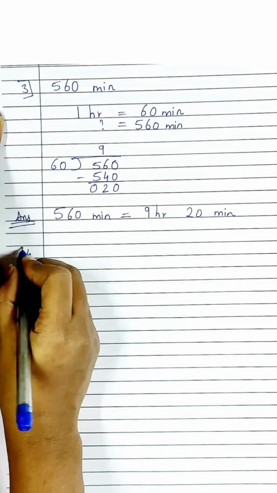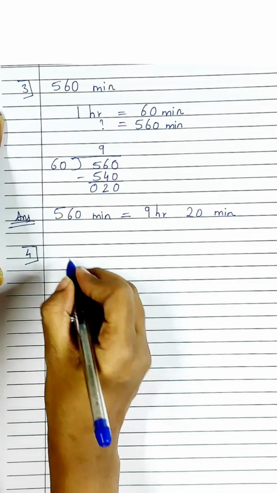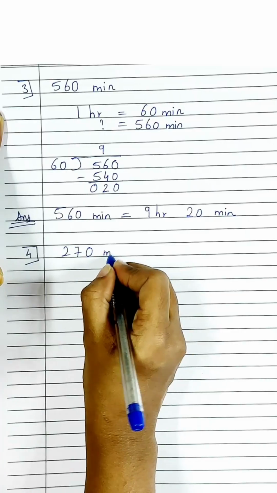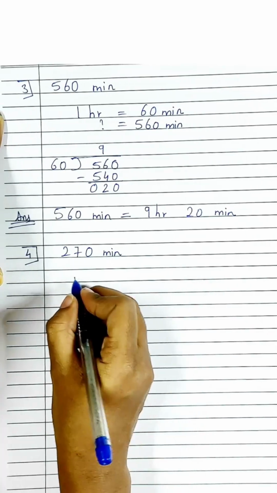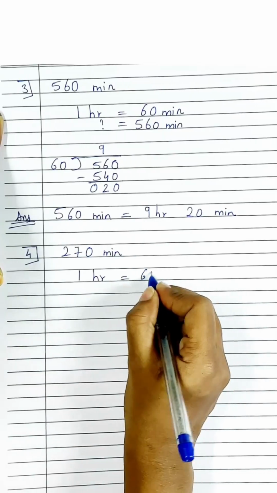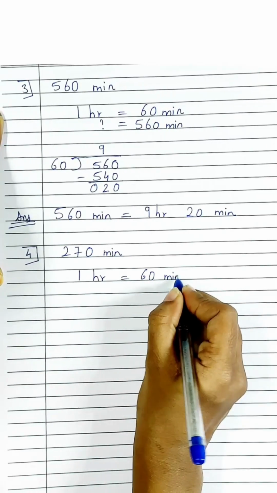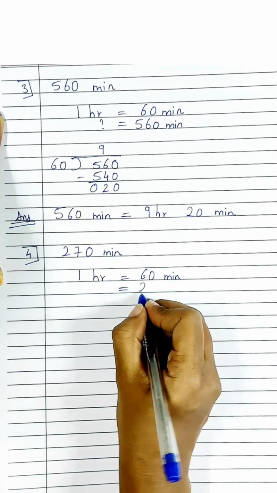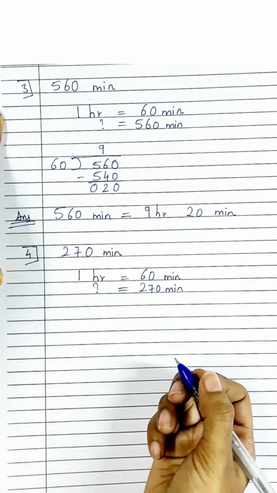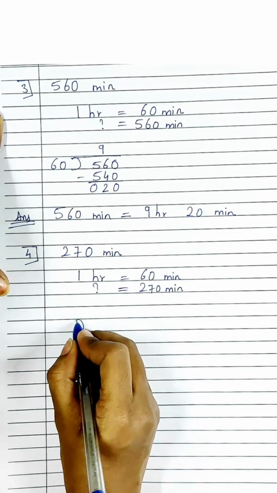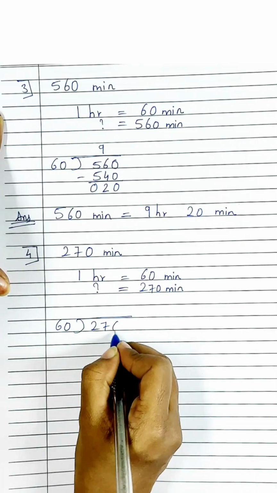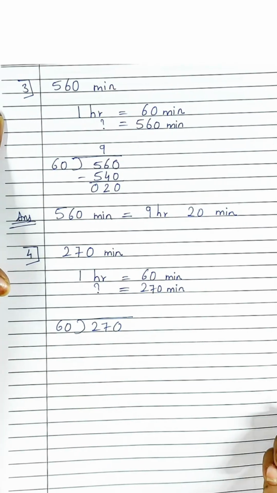Fourth sum. 270 minutes. Again, we know that in 1 hour there are 60 minutes. So 270 minutes include how many hours? Again, we have to simply divide 270 by 60.